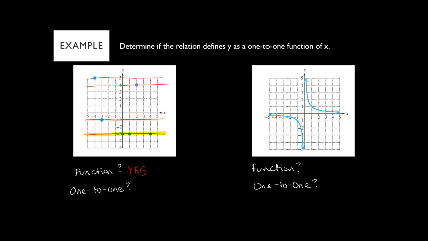The horizontal line test, you can only hit 1. So because of that, it is not 1-to-1. So it's a function, but is not 1-to-1, so it is not a 1-to-1 function, because it has to be both. So not a 1-to-1 function. It violated that horizontal line test.